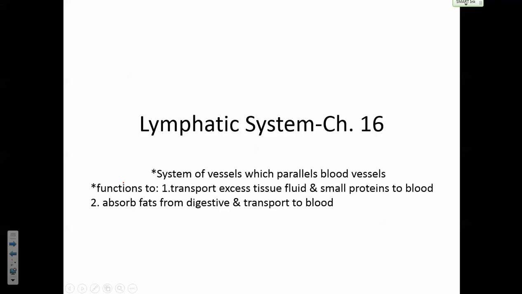Most everything is absorbed directly into the blood, except for fats. They're absorbed into lymph vessels. But lymph vessels ultimately carry lymph to the bloodstream, so it all makes its way to the blood. So we'll see that today.